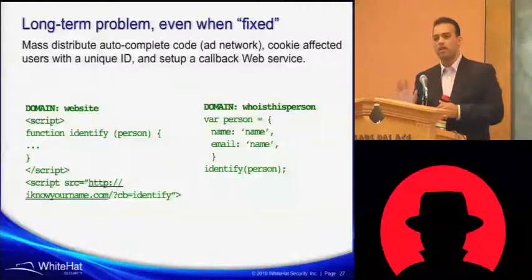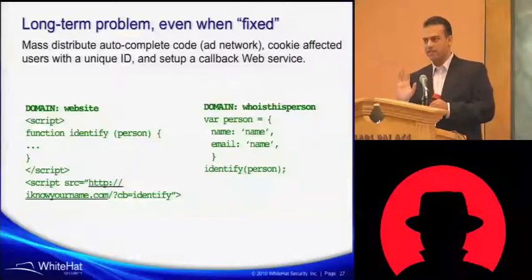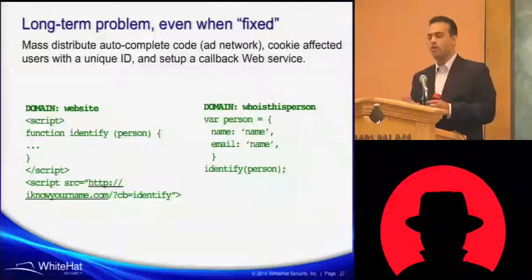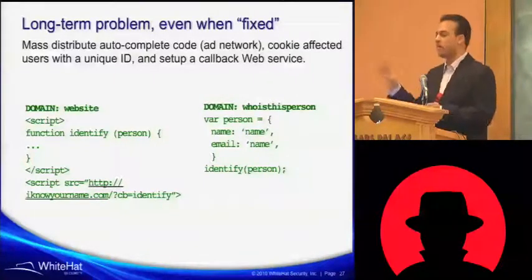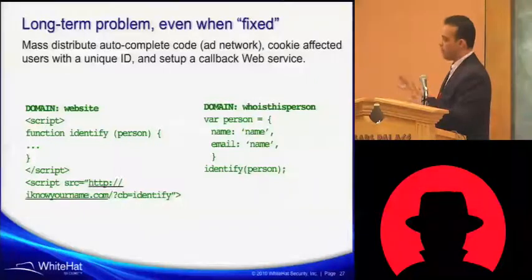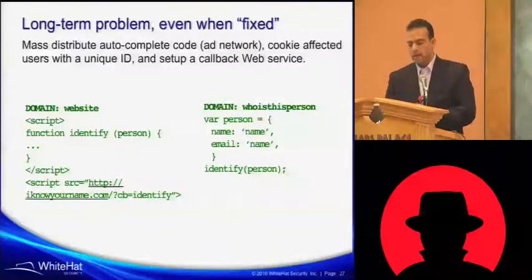So unless all the users dump their cookies, we don't really know if this problem goes away. True, we don't know if anybody's actually used these techniques, but that's the paranoid model there. Unless people dump their cookies, we can't really be sure that people still can't figure out who you are.